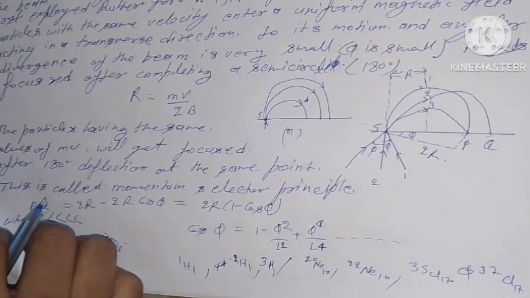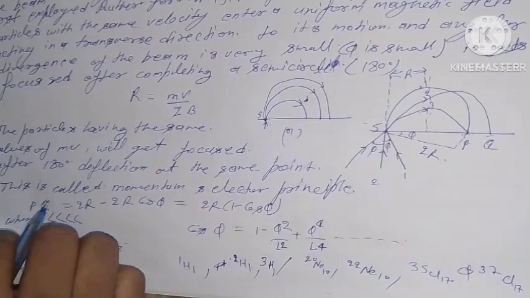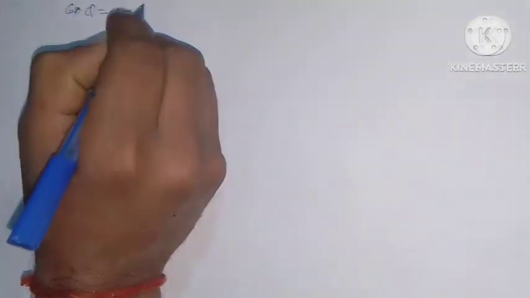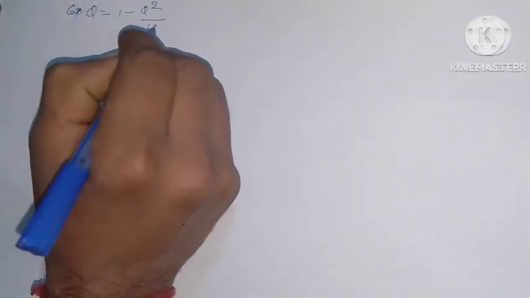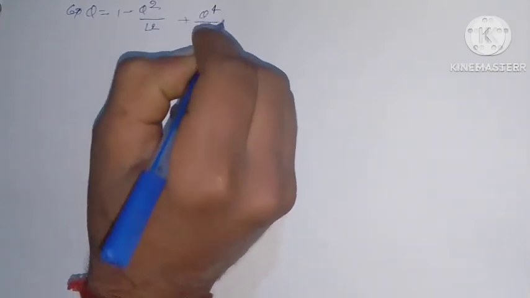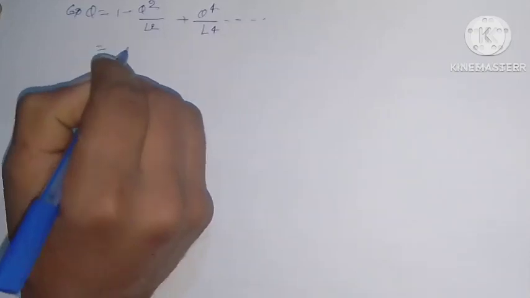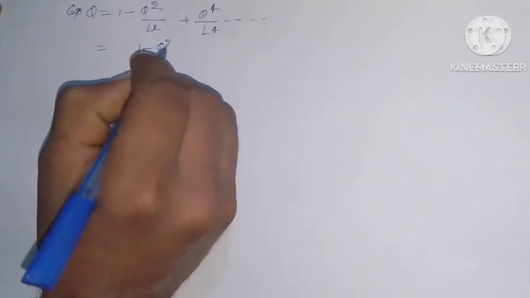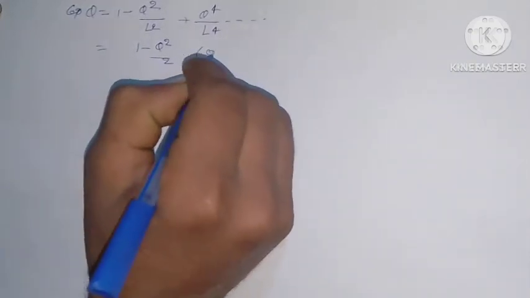Cos phi equals 1 minus phi square by factorial 2 plus phi to the power 4 by factorial 4. Then approximately 1 minus phi square by 2.